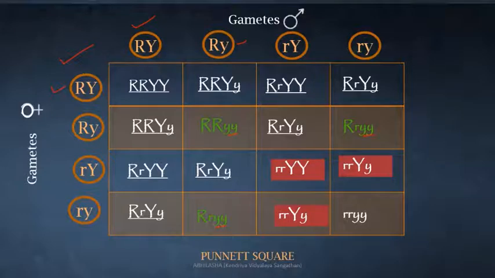All these 3 have small r's but at least one copy of capital Y. So these are wrinkled seeds with yellow color. Next, there is one that is left which is wrinkled and green. It has both the recessive traits because it has neither capital R nor capital Y. So the phenotypic ratio obtained here is 9:3:3:1. 9 both-trait dominant, 3 each with one of the traits dominant, and 1 with both traits recessive.